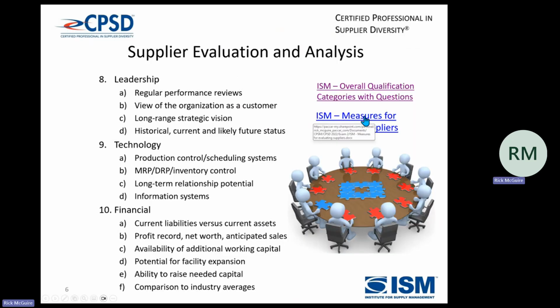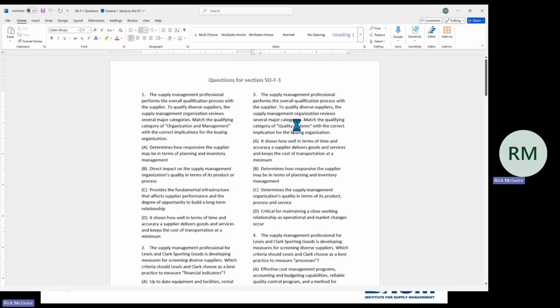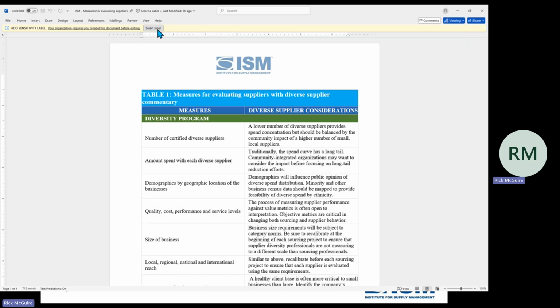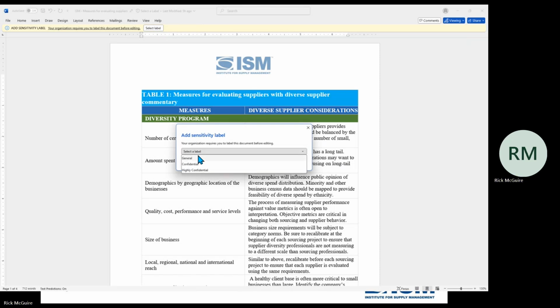And then all the overall qualification categories. These are some questions for evaluating suppliers from my buddies at ISM.